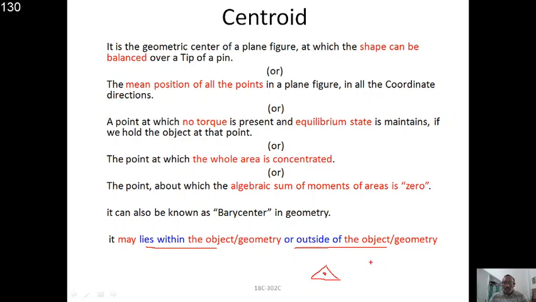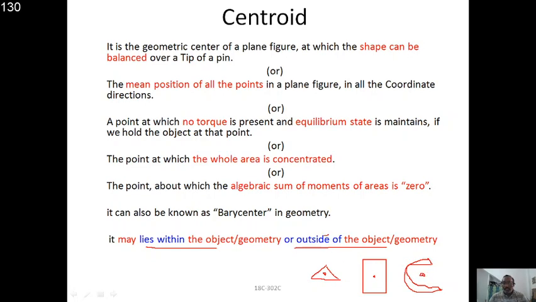If you take a rectangle, there also the centroid will be within the object. If I take some other shapes which are circular or curvilinear, like this, then the centroid will be outside of the object. So here it will be the centroid.